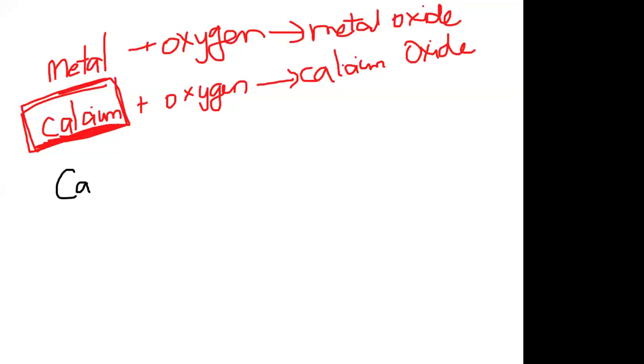So my state symbol here is going to be an S. Clear? So we use S when it is metal, metal oxide, or an insoluble salt. Here we are using S because it is a metal.